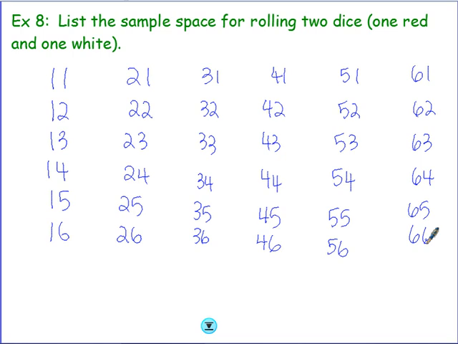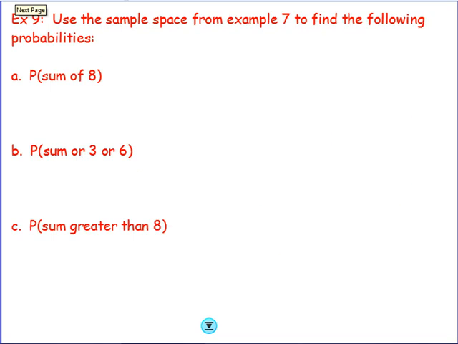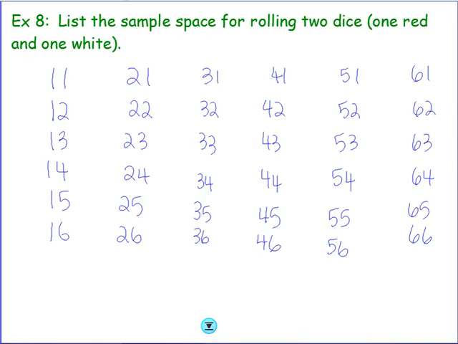So let's take a look. I'm sorry, this is example 9. Use the sample space to find the following probabilities. The sum of 8. As we've already decided, there's 36 total possibilities. We need to look through our list and find out which pairs add up to 8. So, nothing in the first row does. In the second row, it looks like we have 2 and 6.